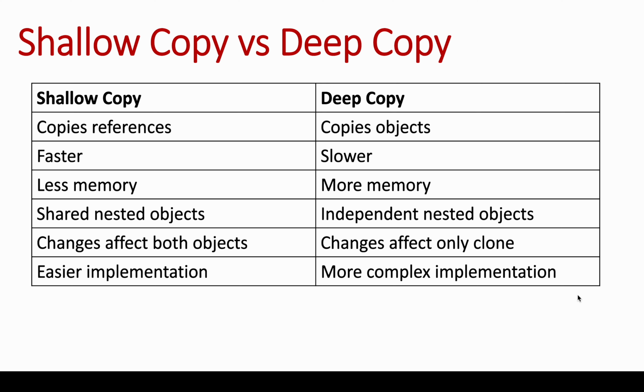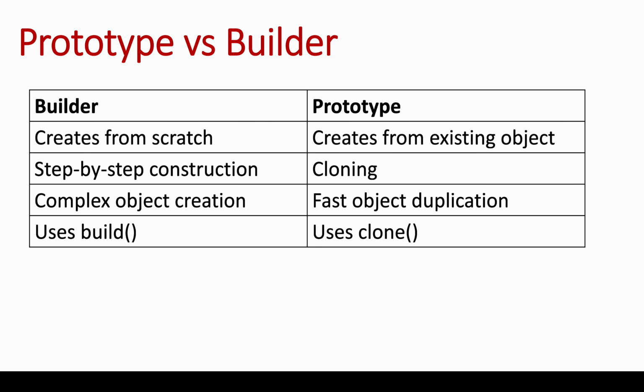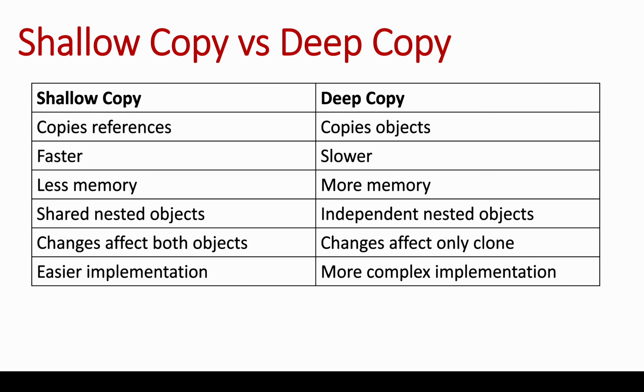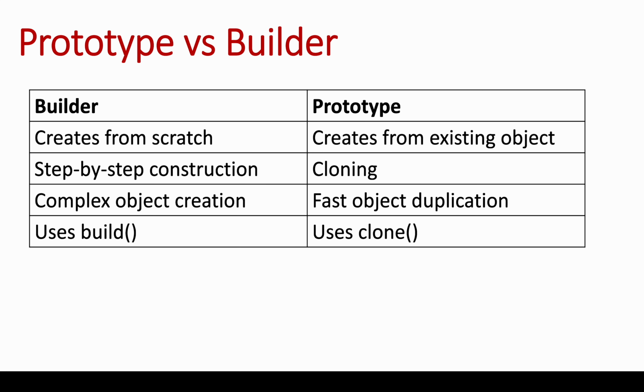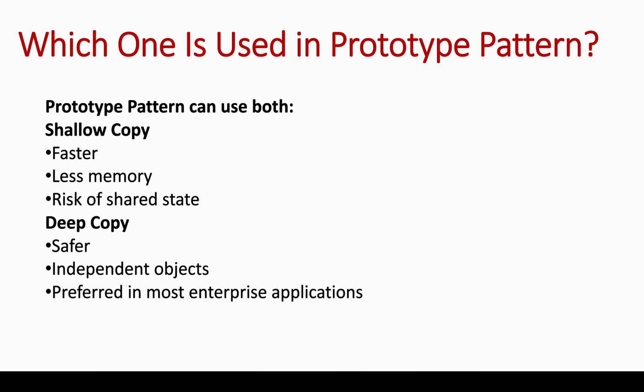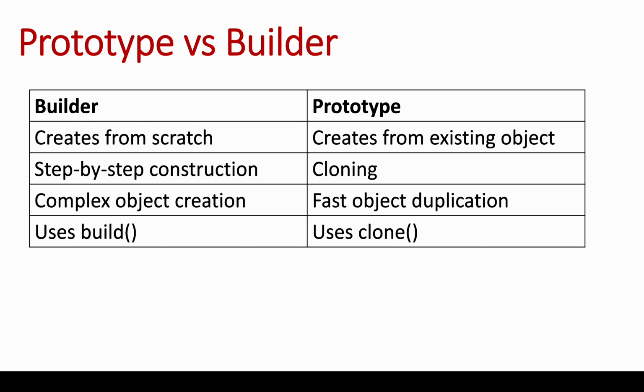Whereas in deep copying, you are creating an independent clone. You're creating a new object by copying another object. So you can have both. You can create both shallow and deep copy with the prototype pattern depending on your business use case.